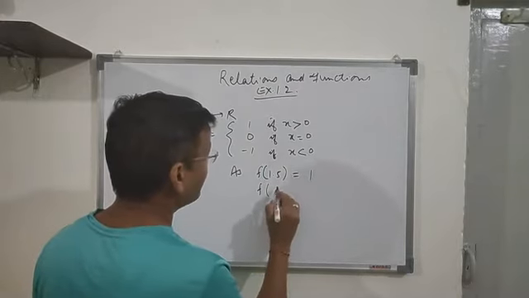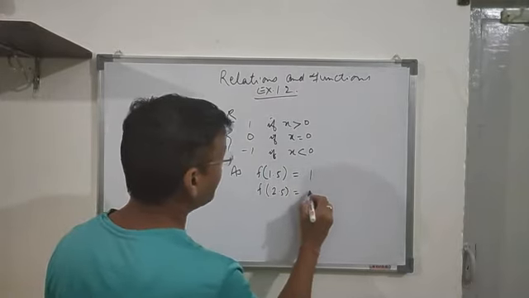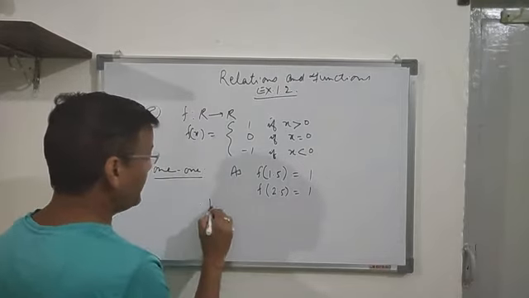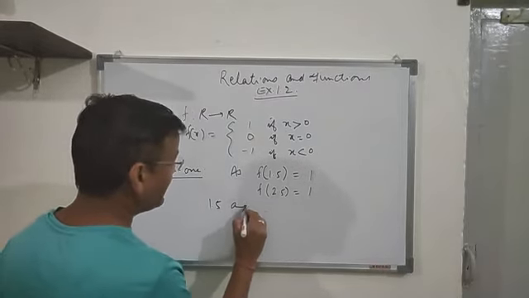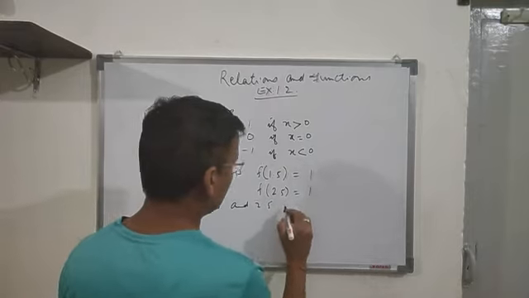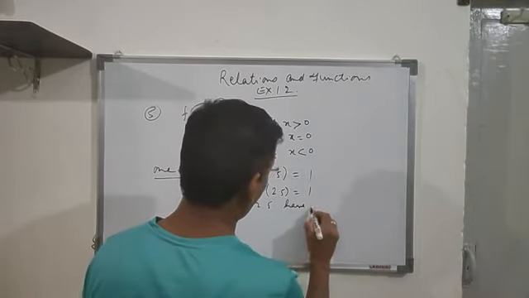And f(2.5), if I take it, is again 1. Therefore 1.5 and 2.5 have the same image.